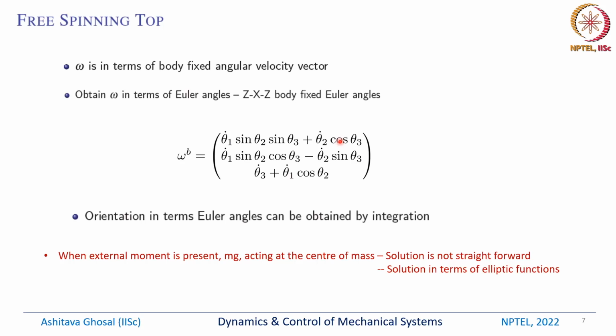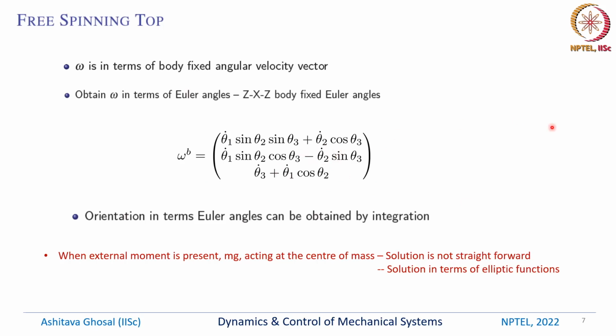This is one of those rare examples of a 3D case of something spinning where we can obtain the orientation in closed form, because we know the angular velocity from the previous slide, and then we can find the theta dots from this and theta by integration. When an external moment is present, for example a weight of mass times gravity acting at the center of mass, then we cannot solve these equations.